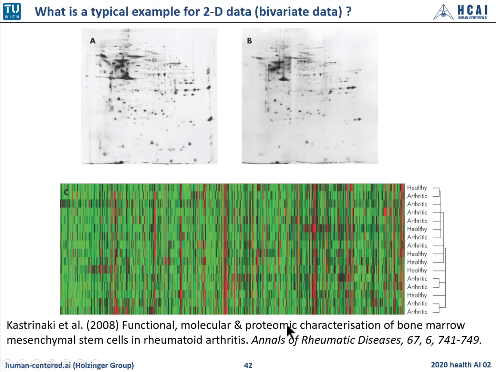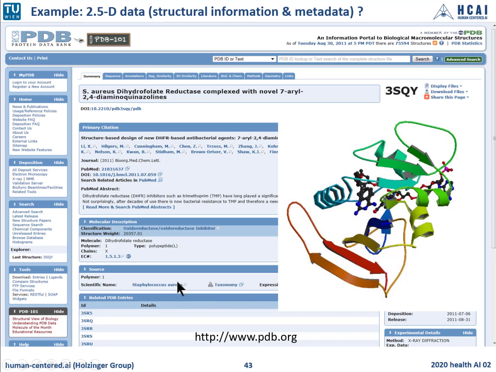Then we have a typical example for two-dimensional, bivariate data. This is the proteomic analysis of mesenchymal stem cells. You get this two-dimensional gel electrophoresis using the whole protein cell extract, and then you get this data. This is a typical proteomic analysis from two-dimensional electrophoresis.